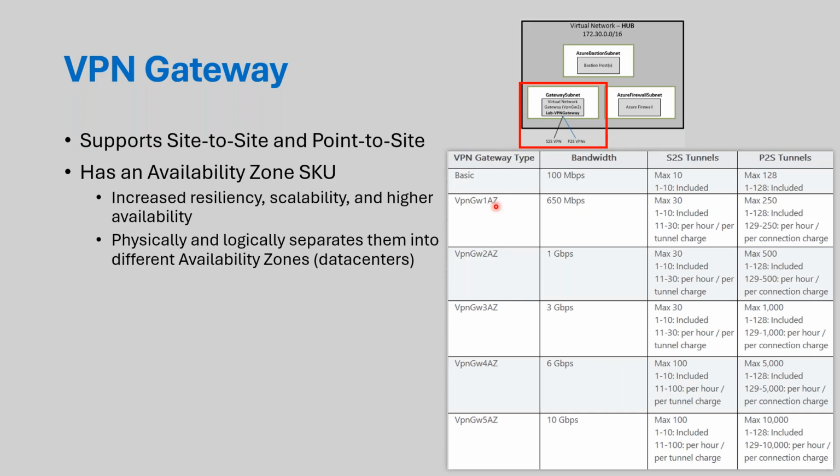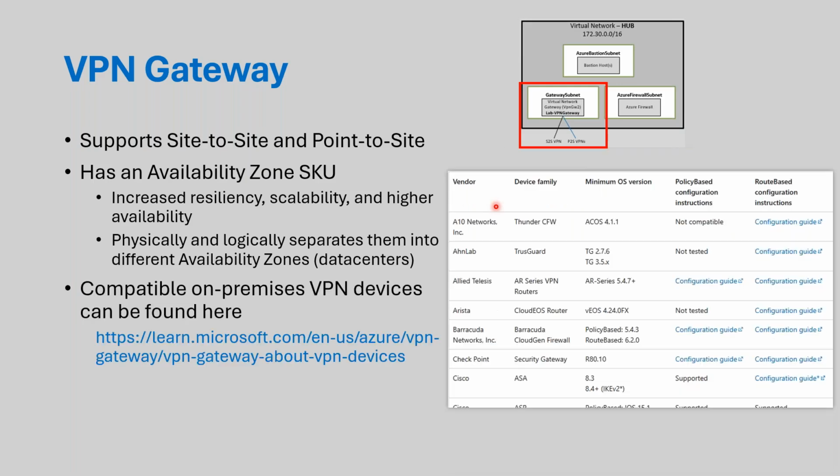It just means there won't be documentation for it, and it wouldn't be supported if you needed to call for support. But I've connected these things to devices that are not on this list, provided they're following basic IKE protocols and things like that. You generally won't have a problem, but I would still suggest that you look on this list to see if your firewall is on here, because then you know you're going to be able to get some support.